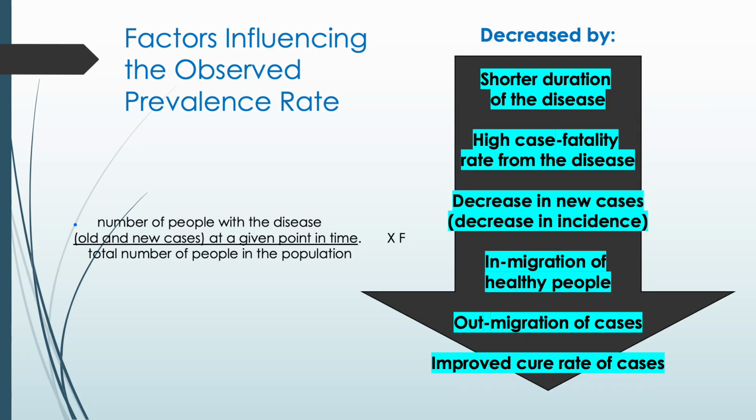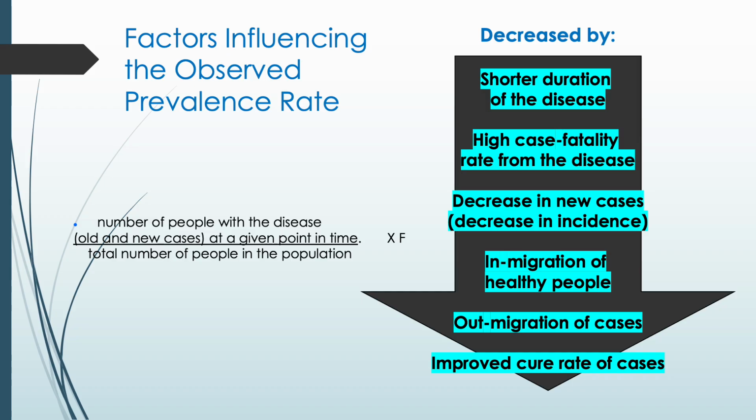Prevalence rate will be decreased by anything that will decrease the numerator or anything that will increase the denominator. Again, anything that will decrease the old cases or the new cases or both will decrease the numerator, therefore resulting in a decreased prevalence rate.